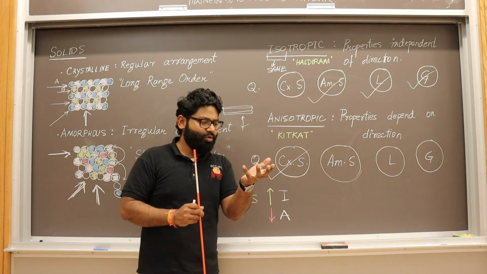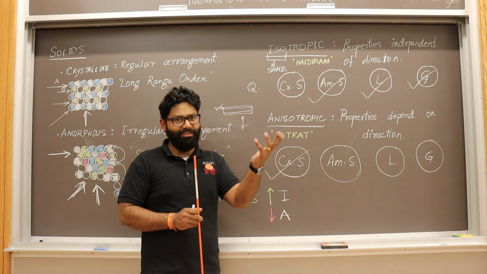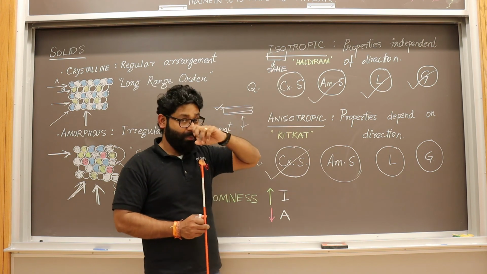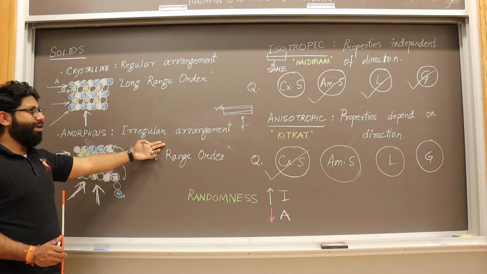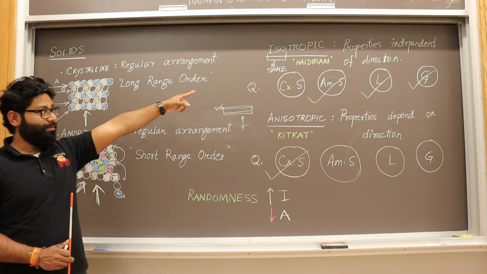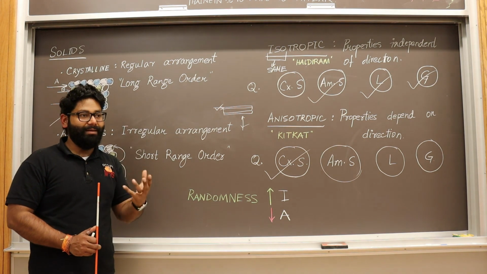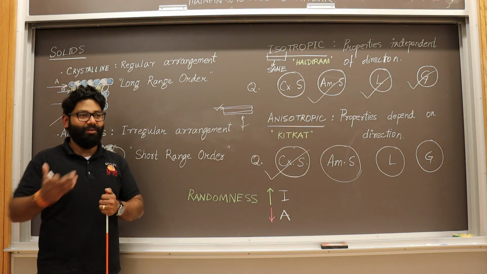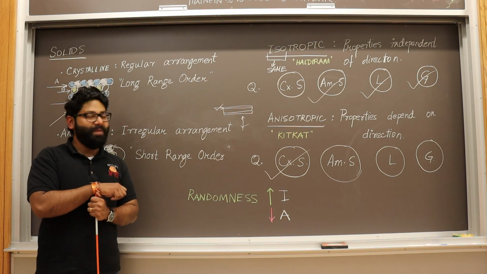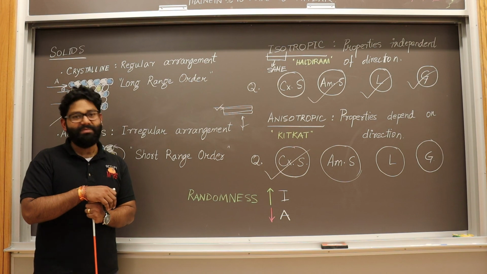If you take a scoop and visualize it, it still looks the same in every other scoop. That is why it is isotropic. The same thing goes for amorphous. Because it's an irregular arrangement, the properties are isotropic, because chaos is chaos. It has no different types of chaos in there. So I hope this makes sense. Let's move on to the next phase, which deals with temperature and phase change.